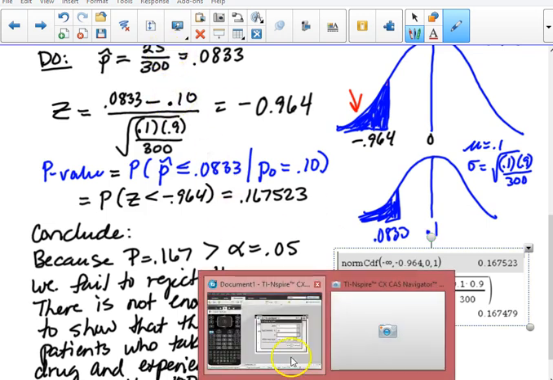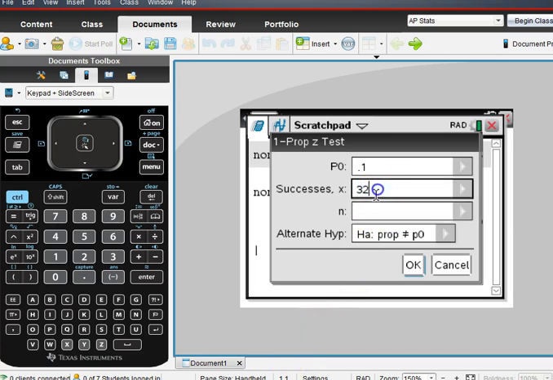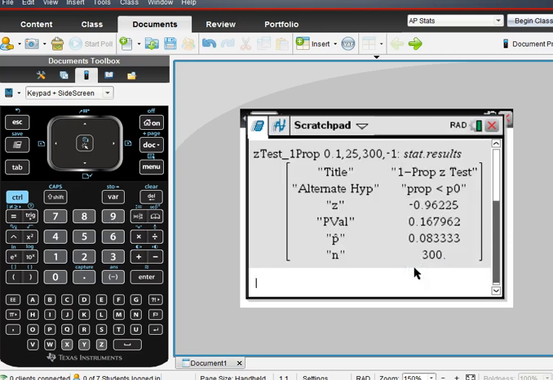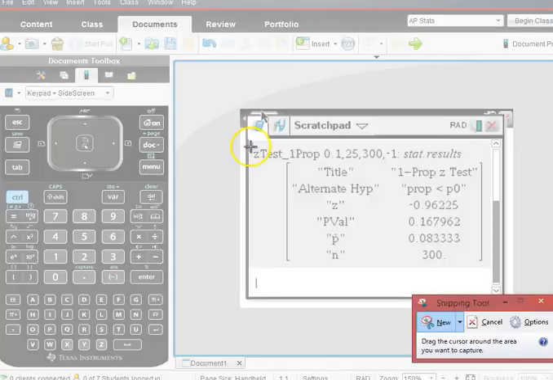So here we go again, 25 out of 300. And our alternate was a less than alternate. Okay, so the probability that the actual p is less than 0.1. So I'm going to copy this and put this in my document as well.